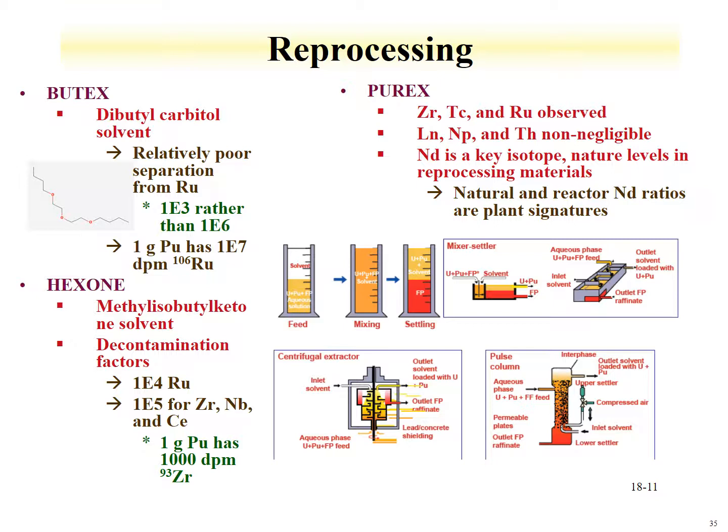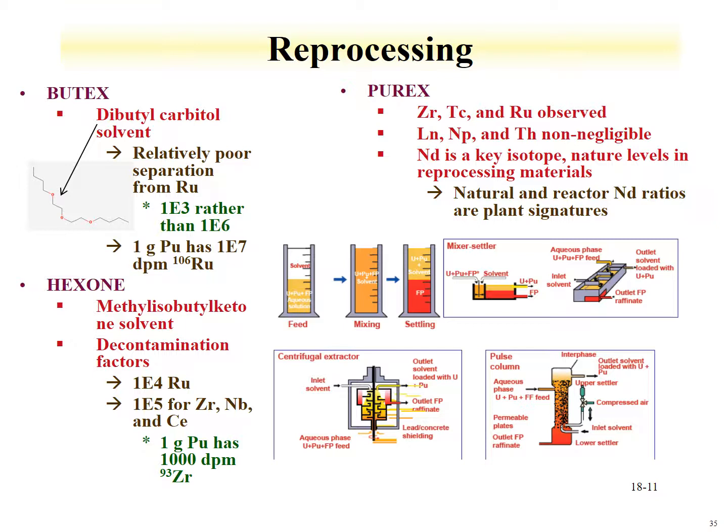Other solvent extraction methods include the Butex process, which uses a butyl carbitol solvent. This is a relatively poor separation of ruthenium. So material that has plutonium with a relatively large amount of ruthenium-106 in it will have an indication that it came from the Butex process, or a Hexone process, which is a separation with methyl isobutyl ketone as a solvent.